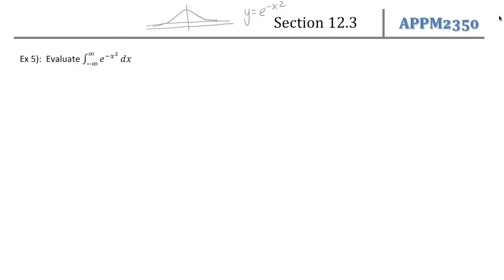Let's make that very clear. We're interested in evaluating this integral. In particular, we want to know what would happen if we evaluated it over the region negative infinity to positive infinity. Okay, so we know we're stuck because there's no closed form antiderivative for this, which we talked about earlier.